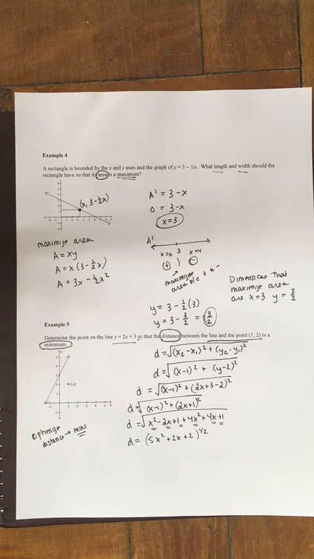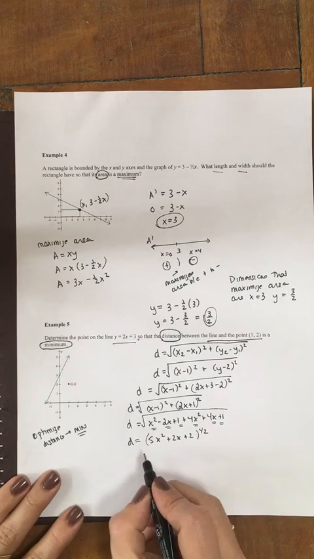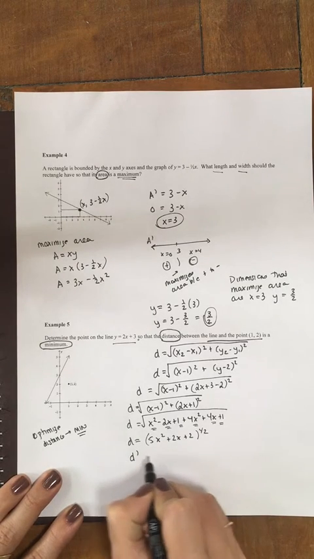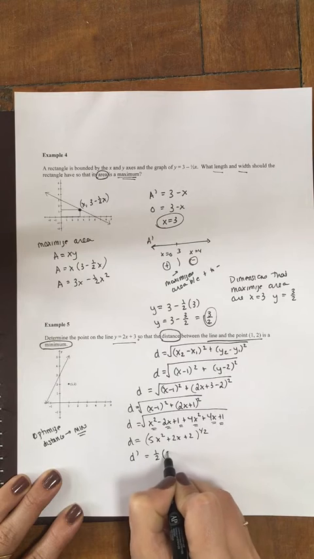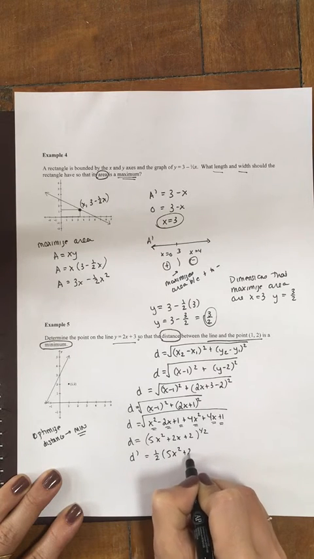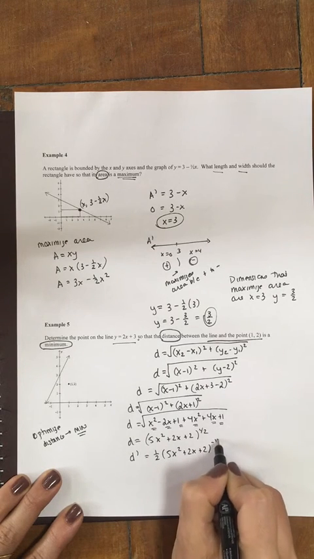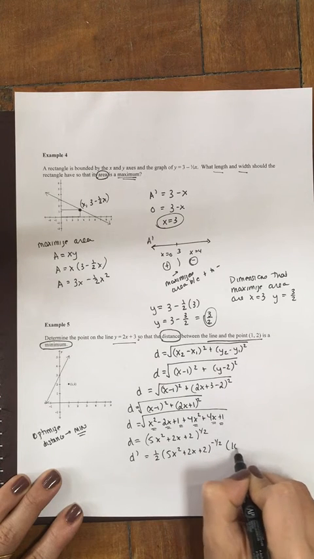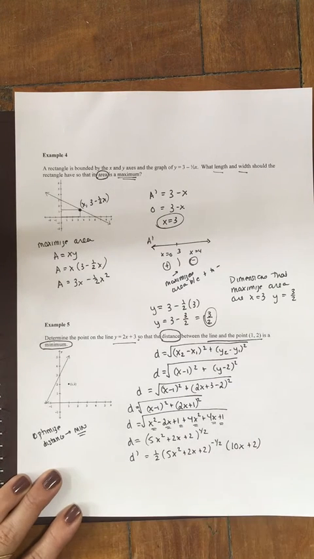We can minimize that distance now because we're going to take the derivative. So the derivative is equal to 1/2 times 5x squared plus 2x plus 2 to the negative 1/2, and then chain rule, 10x plus 2.